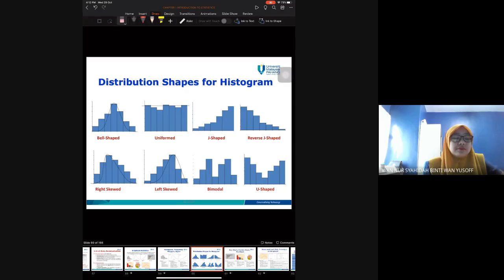Under each group, male and female, you will have 2 sets of data. One set of data is a small sample size, which is n less than 30, and another set is a large sample size, which is n greater than 30.